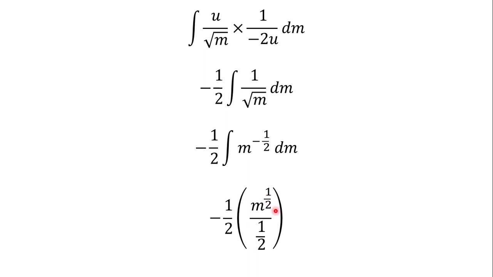The same thing applies to the denominator, so that also gives us the half. Here, these two will go and multiply m raised to the power half. That gives us minus 1 over 2 into bracket 2 m raised to the power half. And remember, m raised to the power half can also be written as square root of m.